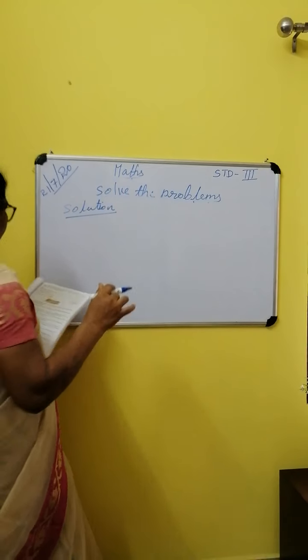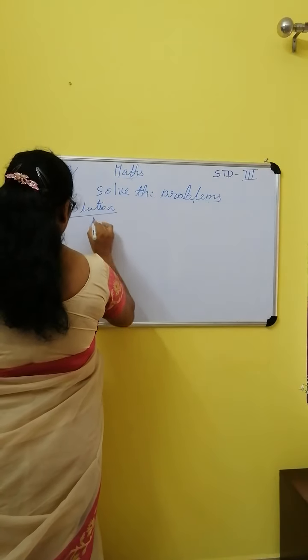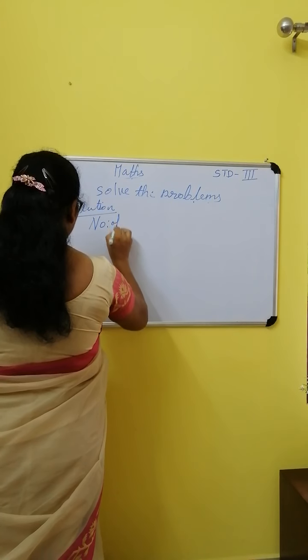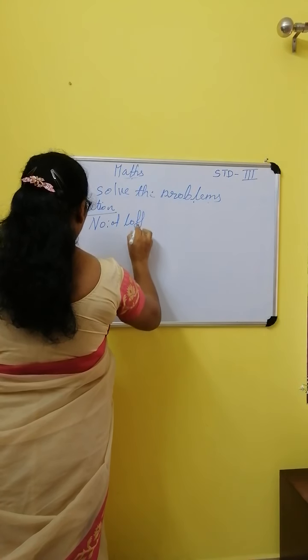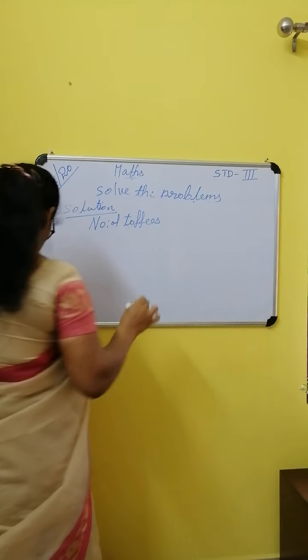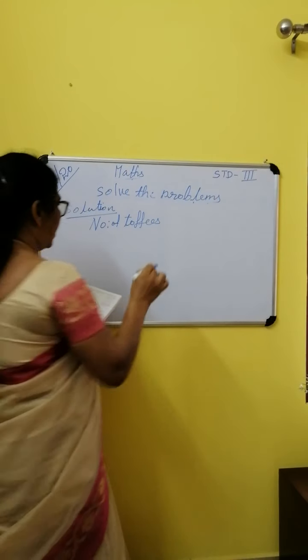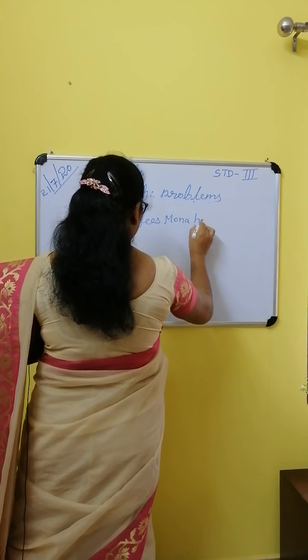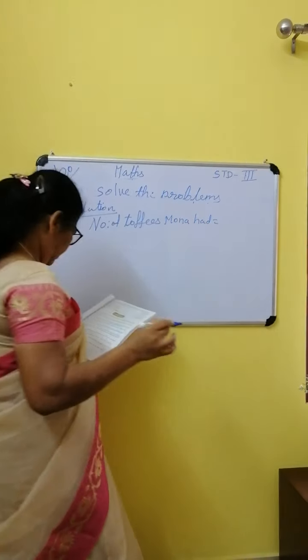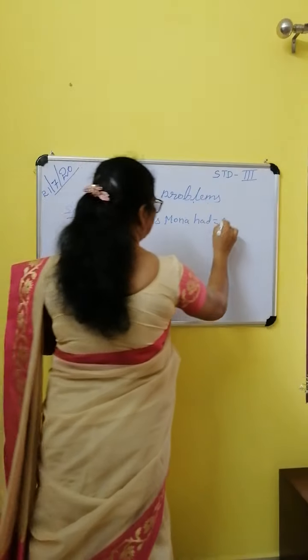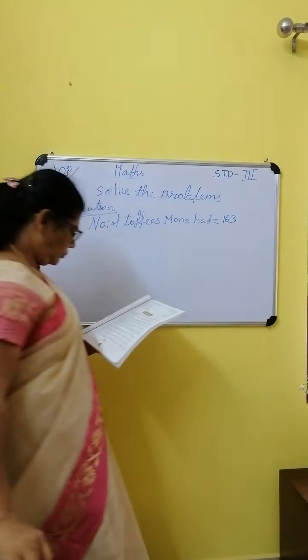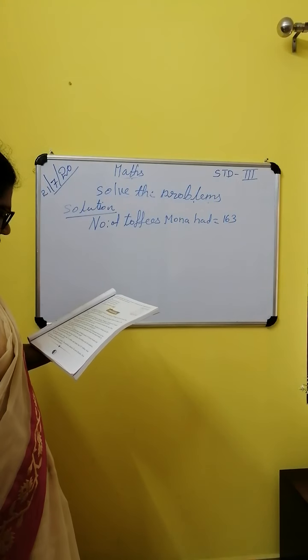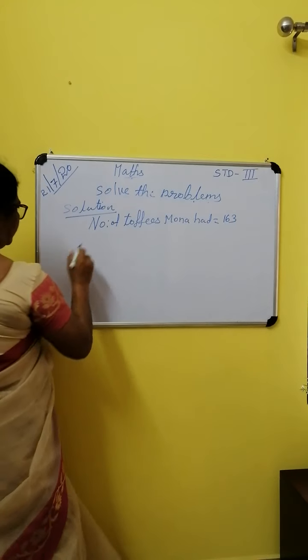Now, number of toffees Mona had. How many? 163. Number of toffees Mabel had.